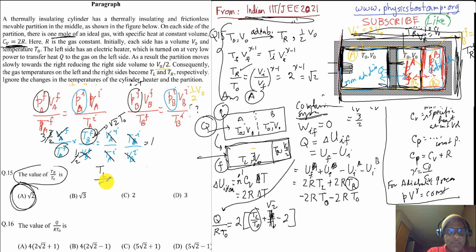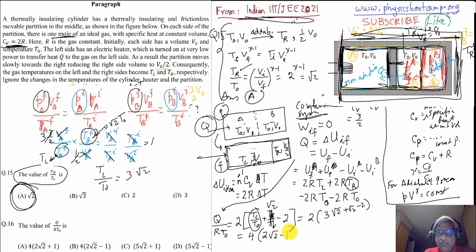So TL, this is TL, this is the final one which we're calling TL, is equal to 3 times square root of 2. So this is 2 times 3 times square root of 2 plus square root of 2 minus 2. So 2 can come out, and becomes 4 times 2 square root of 2 minus 1. Pretty cool. So the answer is this.